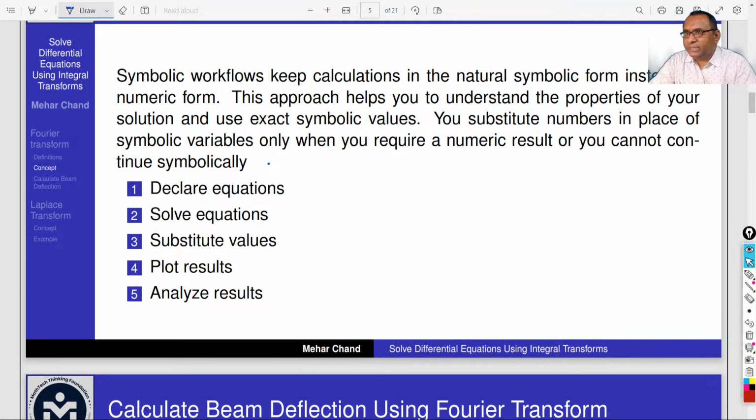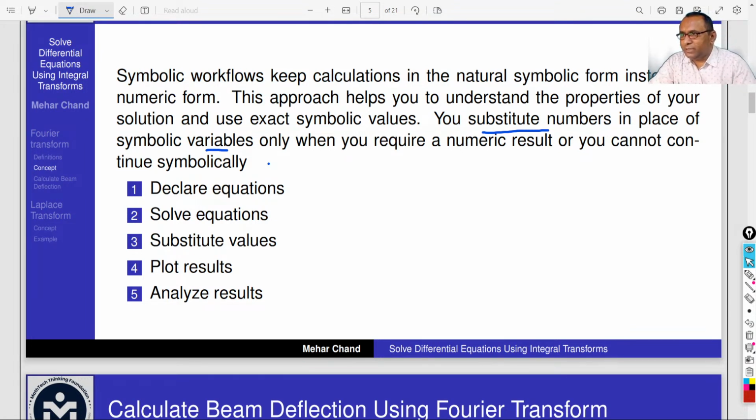This approach helps you to understand the properties of your solution and use exact symbolic values, and then we will substitute numbers in place of a symbolic variable only when you require a numerical result, or you cannot continue symbolically.